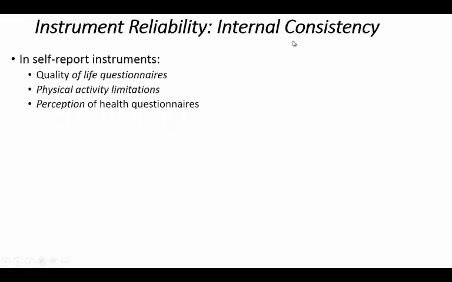One is called internal consistency. From the name, internal consistency means it should be consistent. So self-report instruments could be an instrument about quality of life. It is a questionnaire, a paper and pencil type of instrument, asking questions about quality of life.